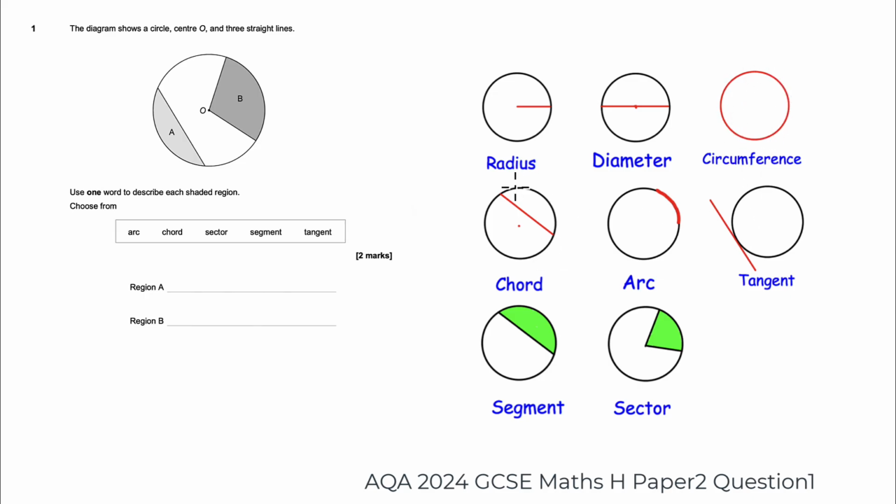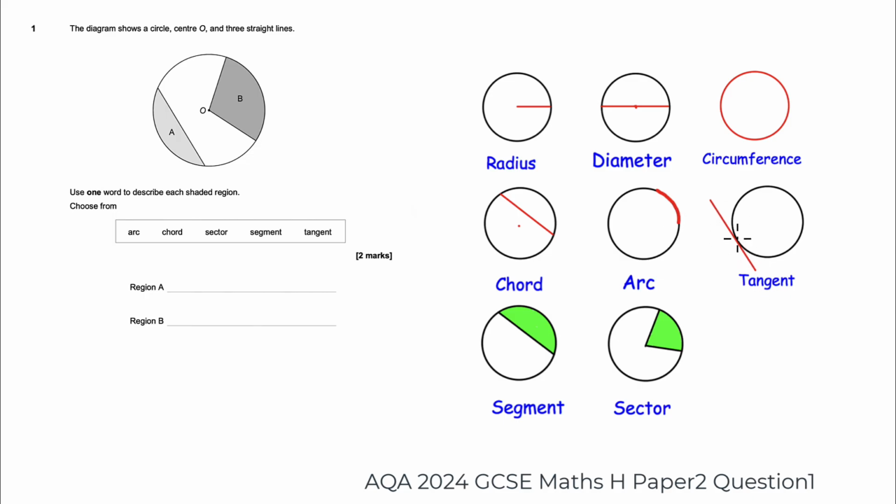A chord, 2 points on the circumference joined up. That's what the diameter is. So the diameter is a special chord. Chords in general don't need to pass through the centre. 2 points on the circumference, join them up. That's a chord. Now the arc is part of the circumference of a circle.